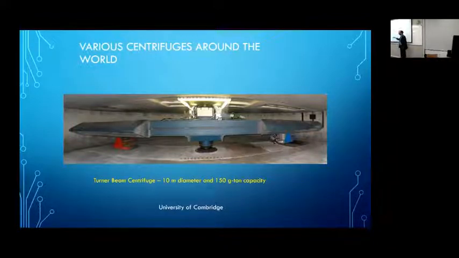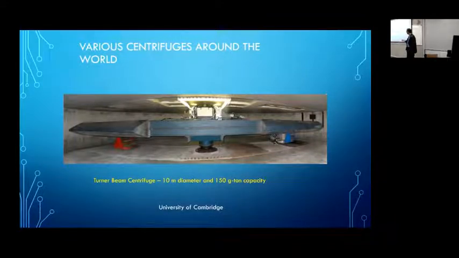Okay, you need to go underneath the ground to see this, but it'll be fun, I promise. And typically these things are rated as how many tons you can carry at what G, and so they're classified as G ton. Our centrifuge has 150 G ton capacity. In other words, it can carry 1 ton up to 150 times the normal gravity.